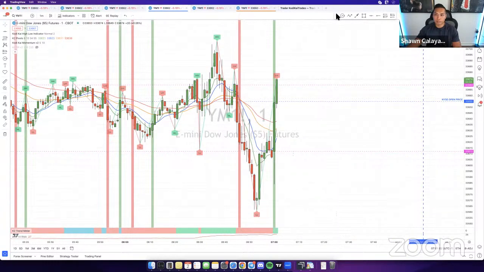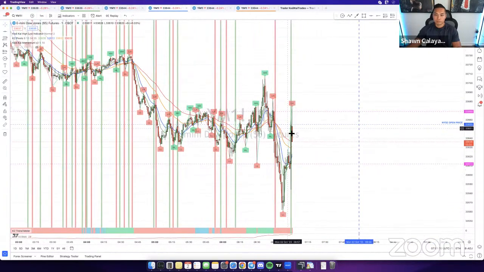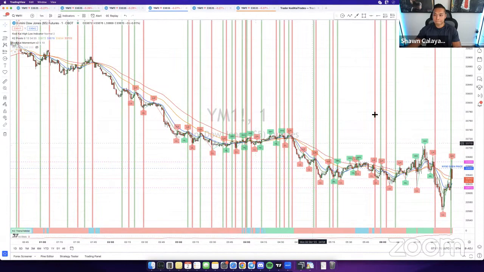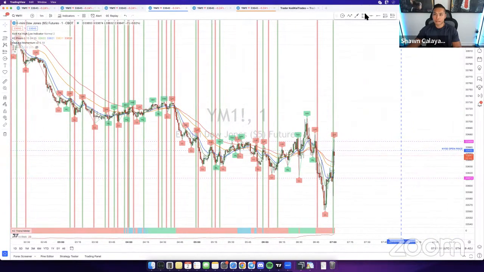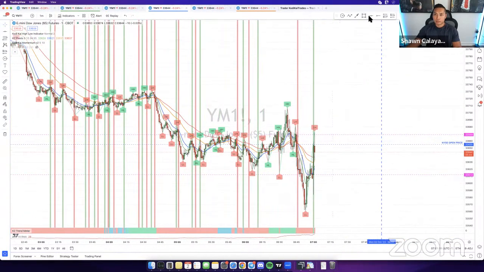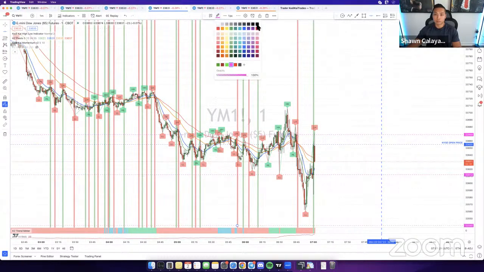So now that we have that, I'm going to start marking up the levels. Let me zoom out real quick. That was a nice little push. But all right, so let me go ahead and start marking up the levels over here. Black.